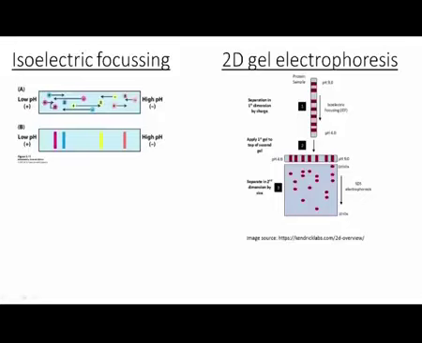Ampholytes are small chemical substances with charges. So, the ampholytes are loaded at one part of the gel and moved by application of electric voltage. So, you have a positive and a negative. The positive is low pH and the negative is high pH, and depending upon the charge on the small molecules or the ampholytes, they will start migrating and reach a position depending upon their charge neutral position.